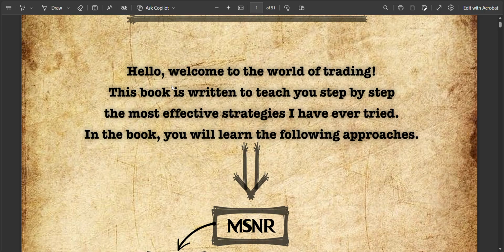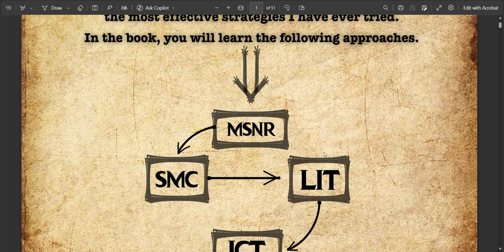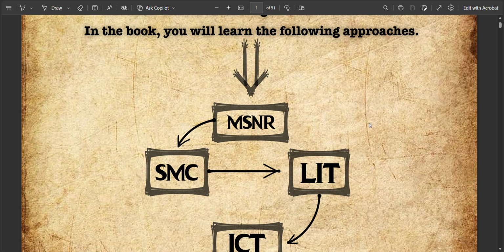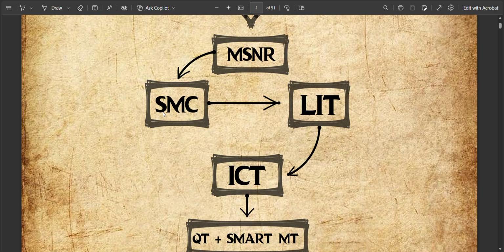So this is how we start. Hello, welcome to the world of trading. This book is written to teach you step by step the most effective strategy I have ever tried. In the book you will learn the following approaches: MSNR, Malaysian support and resistance. Also SMC, which I think many people understand.